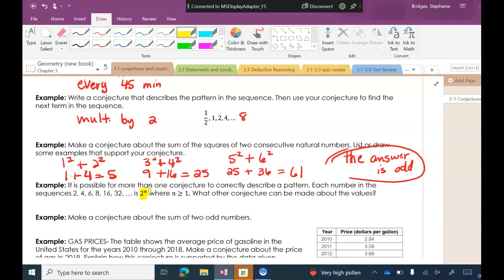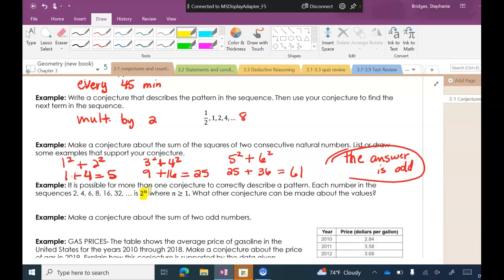So what they're saying is 2 to the nth power, which term it is is my power. Does 2 to the first power equal 2? Okay. This is not working. Then 2 to the second power, that equals 4, right? But does 2 to the third power equal 6? Okay, so that's not right unless that 6 is not supposed to be there, which could also be.